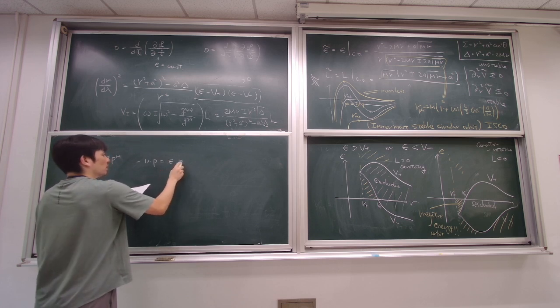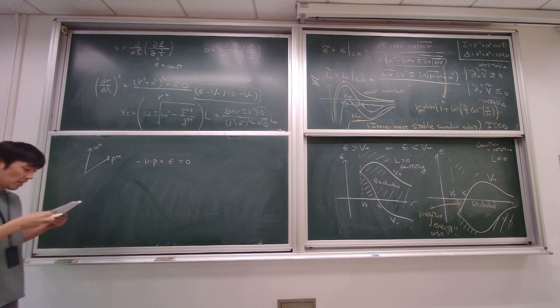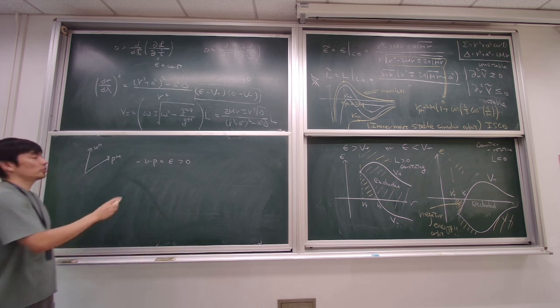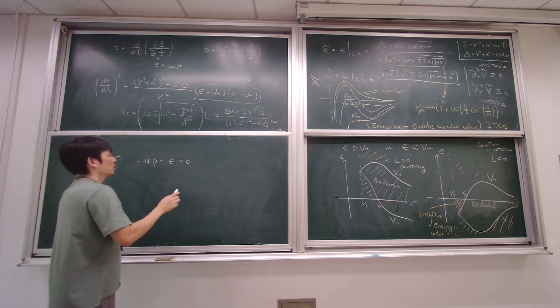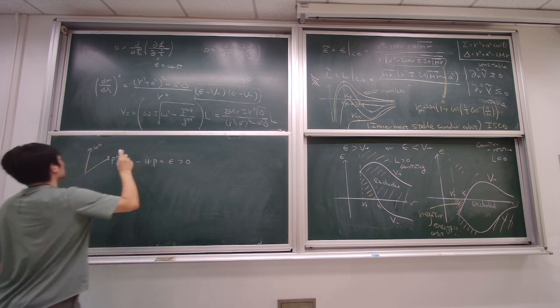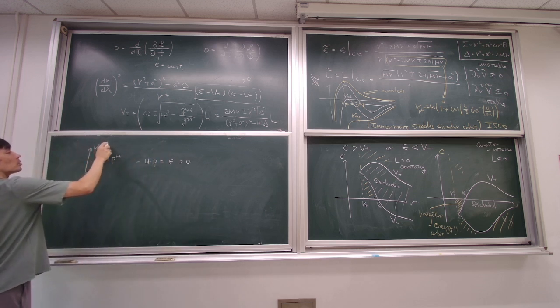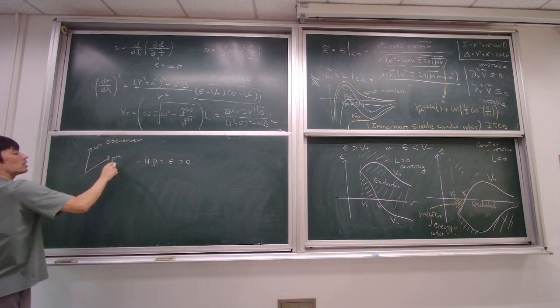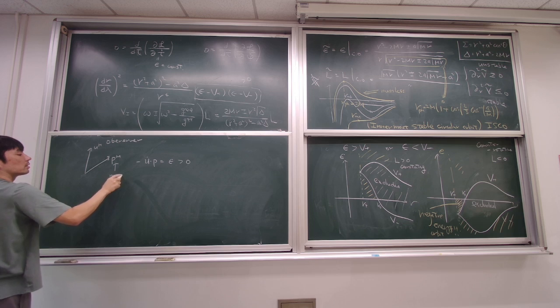U is the four-vector of the observer, and this is the massless particle.